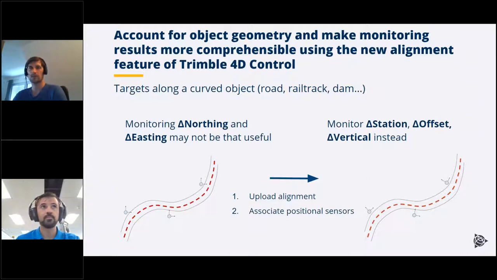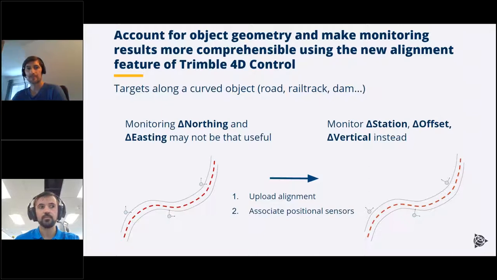Why is that? Because if you think about a movement, like 1 centimeter movement in the northing direction of the set coordinate system, that may not tell you a lot without further calculation, or at least without giving it additional thought, right?